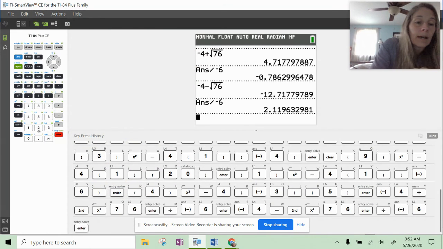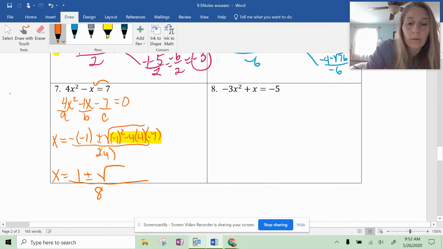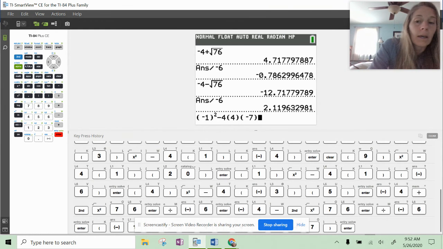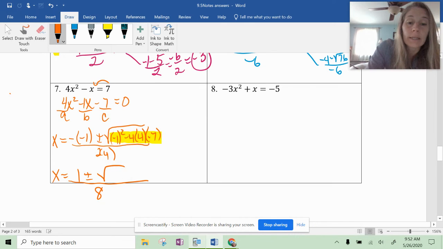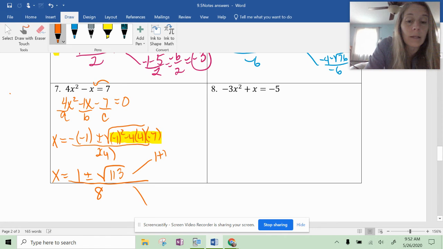But we want to figure out what this discriminant is going to be. So we have negative 1 squared minus 4 times negative 7. Let me just double check, make sure I got that in right. Good. And that gives me 113. Now again, 113 is not a perfect square, so we're going to have to leave it. So we have 1 plus the square root of 113 over 8, 1 minus the square root of 113 over 8, and we're going to get our decimal answers.